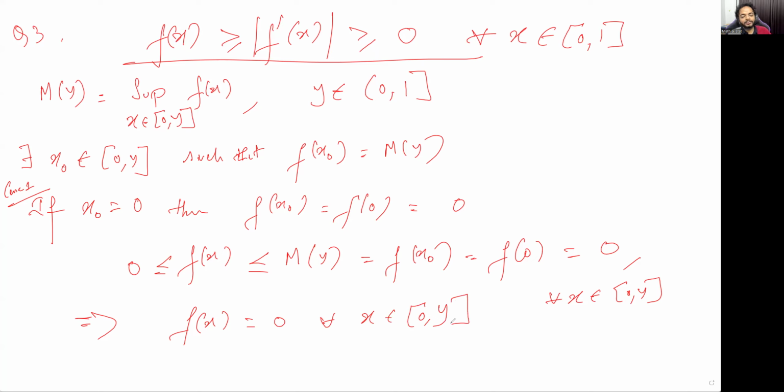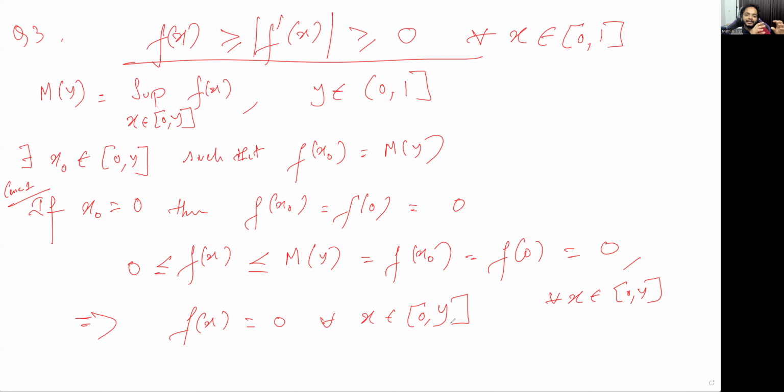Now try to understand that y is any arbitrary point from 0 to 1, and the maximum value is being taken at the point 0.